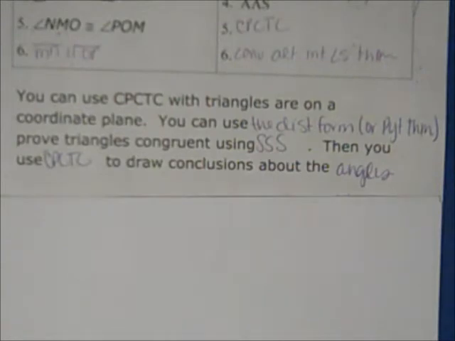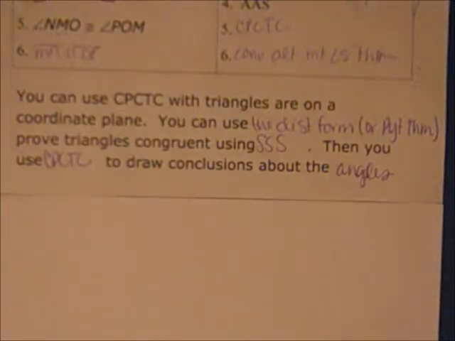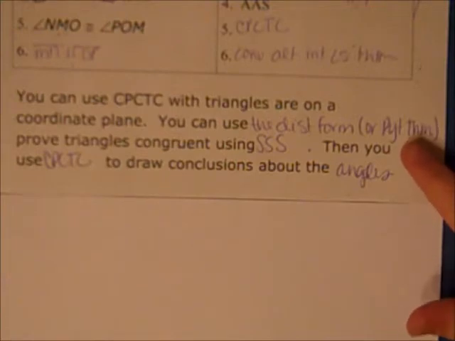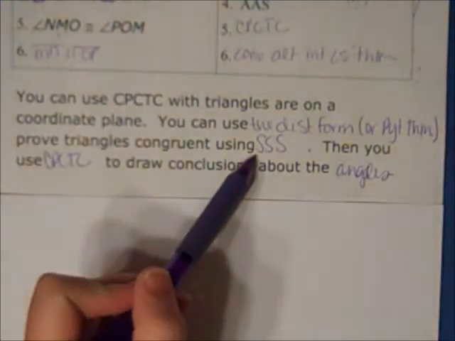Okay, so you can use CPCTC with triangles that are on the coordinate plane in addition to just normal ones. So what you will do is you'll use the distance formula or Pythagorean theorem, and we just talked about this last week, that Pythagorean theorem is easier. You're going to use distance formula or really Pythagorean theorem to prove that the triangles are congruent by side, side, side.